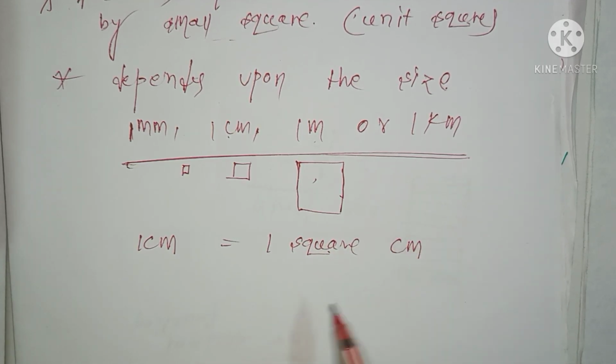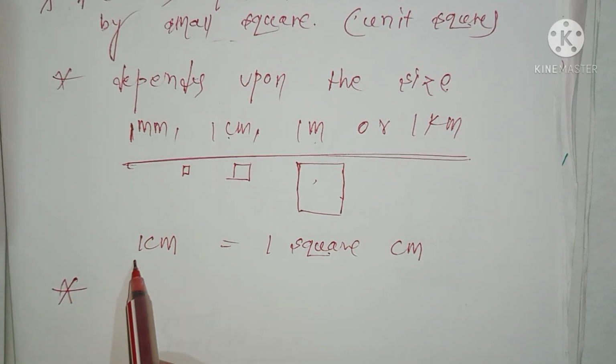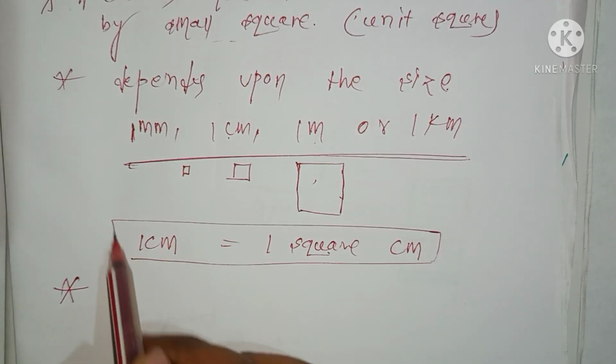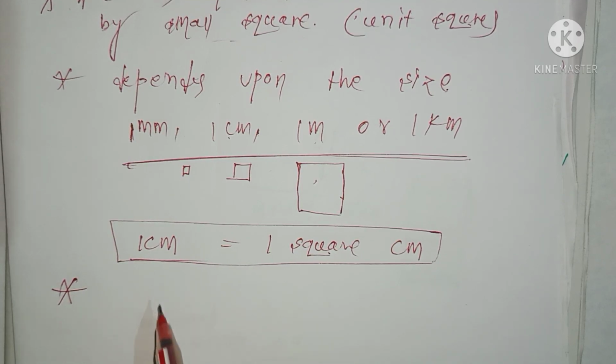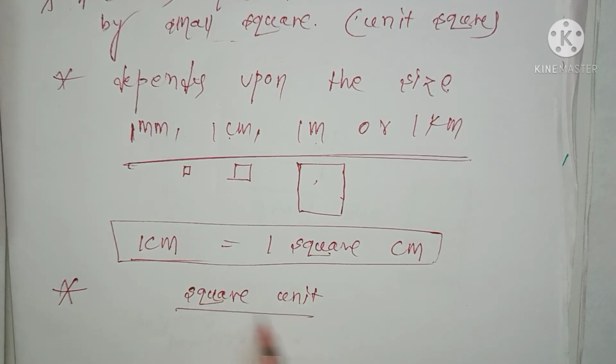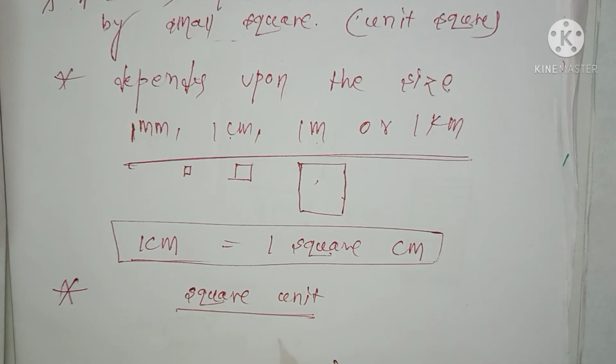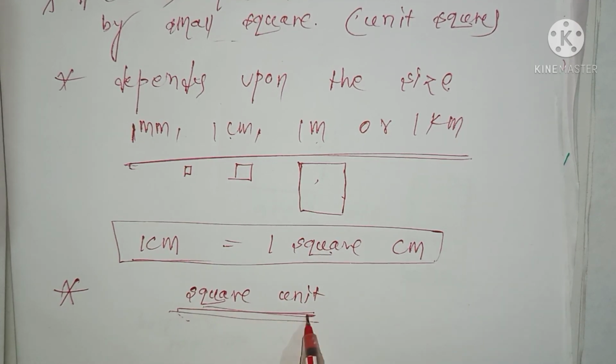Whenever you write the area of any figure, very important, remember, it should be in square units. The word square should always be present there, because area is nothing but how many small squares remain in that particular figure. So always write square units, otherwise it will be the wrong answer.